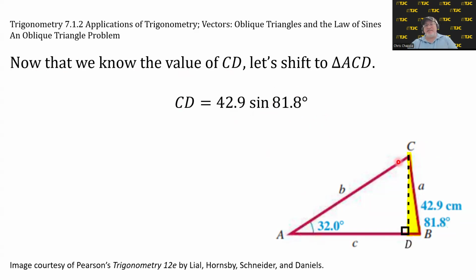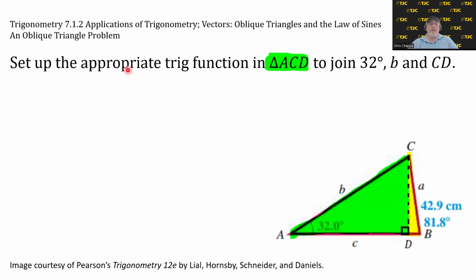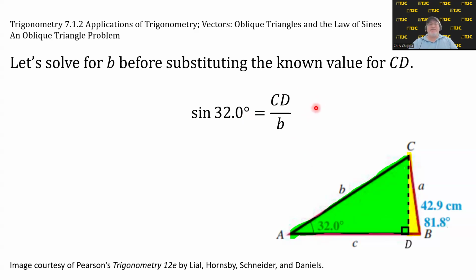Now that we know the value of CD, let's shift to triangle ACD, the green one. Let's set up the appropriate trig function involving angle A, with b the hypotenuse of the green triangle, and CD opposite angle A. That again is going to be sine. Sine of 32.0 degrees is CD, the opposite, over b, the hypotenuse. Let's solve for b and then substitute the value for CD.